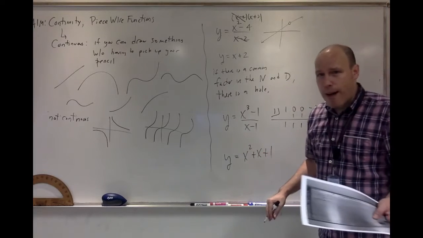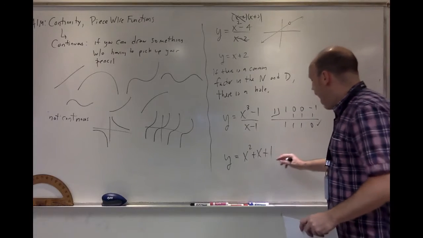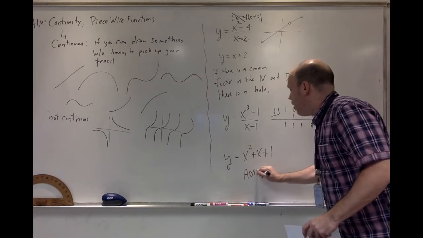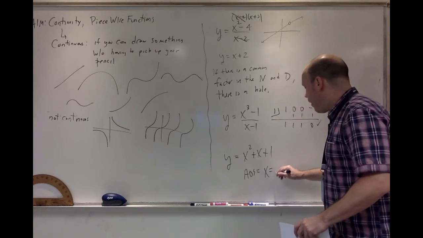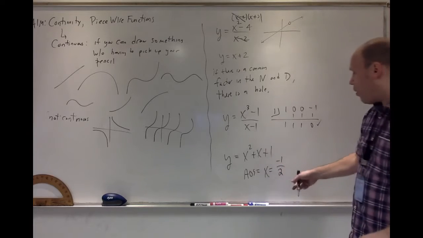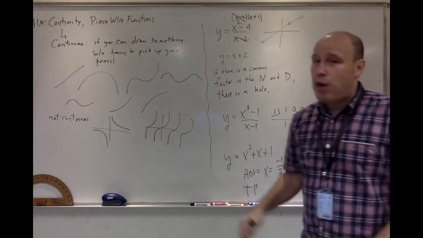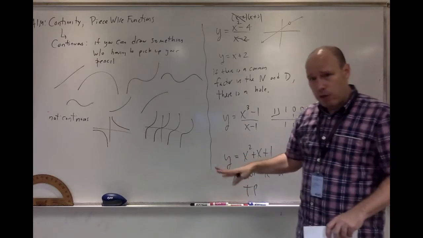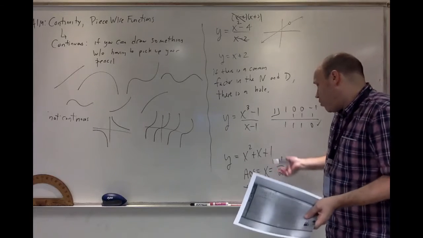So you're like, it's a parabola, right? Let's sketch this parabola. Well, I know that the axis of symmetry is negative b over 2a, and therefore I know the turning point, because I studied parabolas. Any way you want to figure out how to graph this parabola is fine with me. So what do we have here?